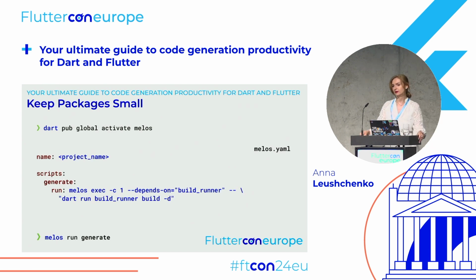So once the tool is installed, you can write custom scripts in melos.yaml file in the workspace root directory. In this example here, I create a script called generate, which launches code generation in all packages that depend on build_runner. And then this script can be executed with melos run generate.